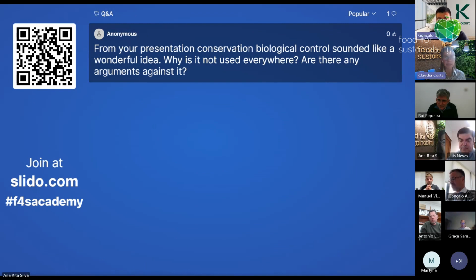What are the downsides? Yes, the good thing is I'm seeing more uptake, even in Portugal, which was the country where growers usually would really not want to do this at first. But the uptake is there, and the main argument against this is still, why am I going to lose part of my surface to plant things that will not produce fruits or vegetables, that don't have an economic return? Which is also a bit short-sighted, because oftentimes it's our job to show them that this is not wasting money.